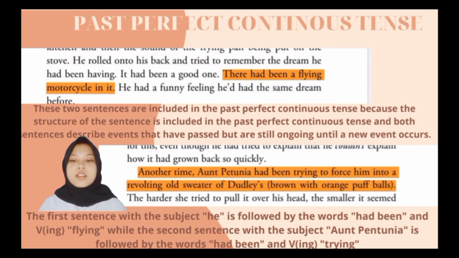Okay, these two sentences are included in the past perfect continuous tense because the structure of the sentences is in the past perfect continuous tense, and both sentences describe events that had passed but were still ongoing until a new event occurred. The first sentence has the subject it followed by the words had been and verb-ing flying, while the second sentence has the subject Aunt Petunia followed by the words had been and verb-ing trying.